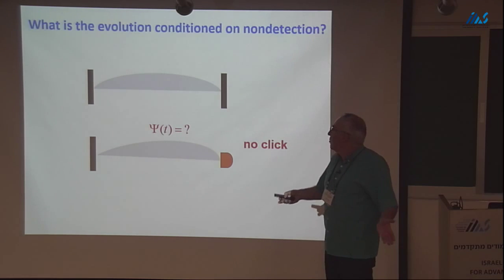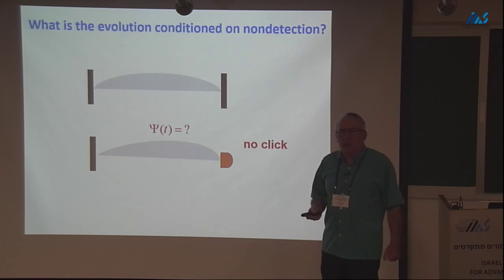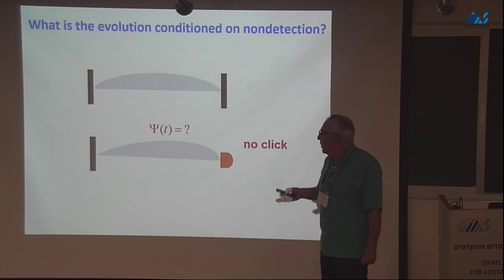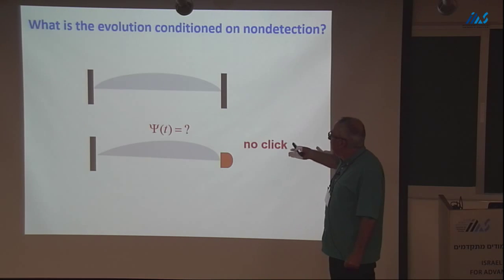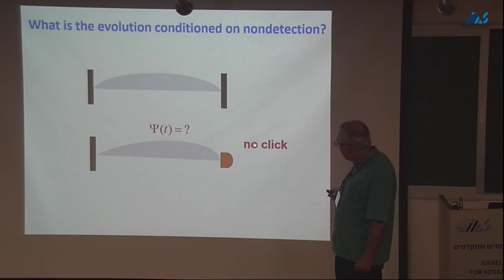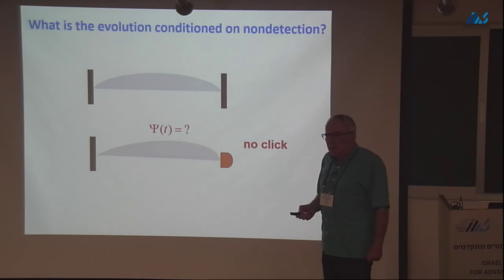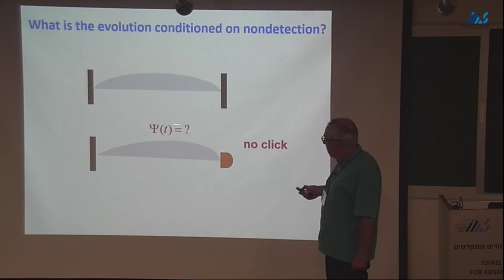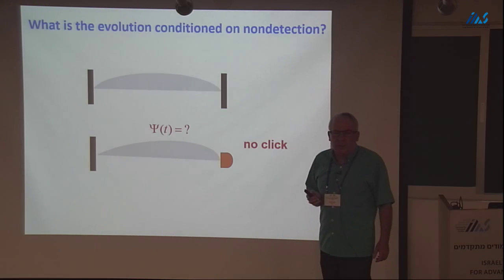And this is maybe one thing which corresponds to the title, an effective non-Hermitian Hamiltonian. I think that if you want to describe the evolution of this particle on condition that there is no click here, it's a non-Hermitian Hamiltonian, and maybe it's interesting. But it's not what I'm going to do here.